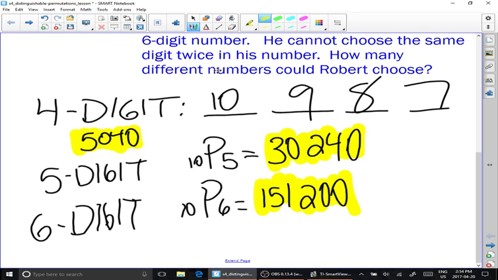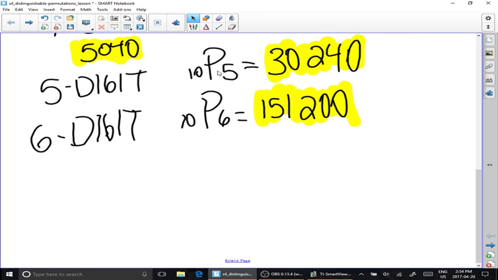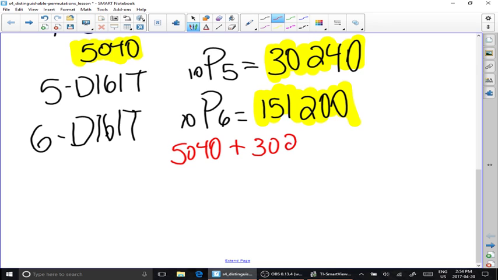So that's 5,040 plus 30,240 plus 151,200, which should give us 186,480.